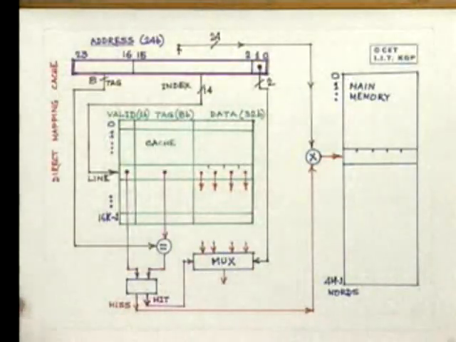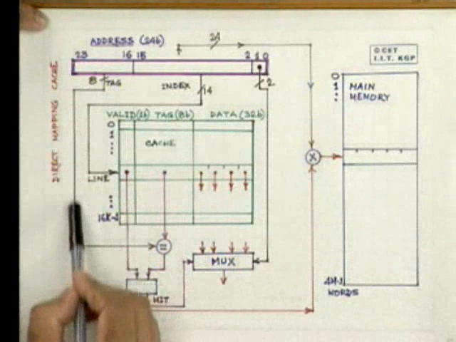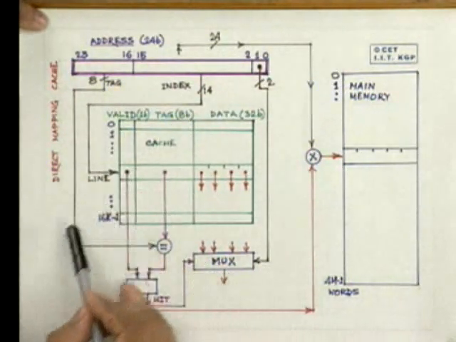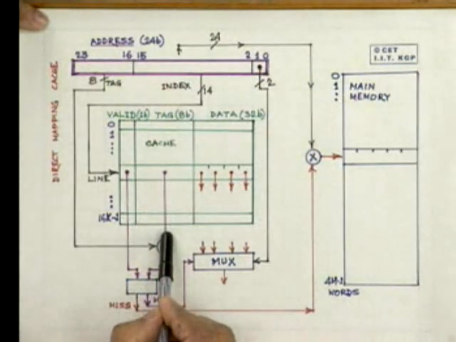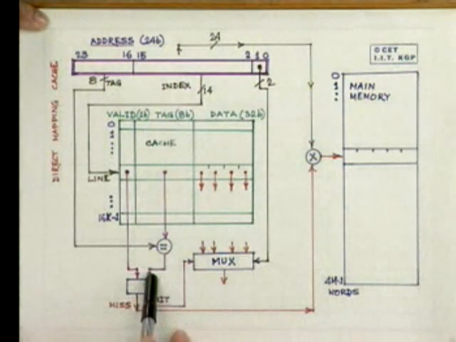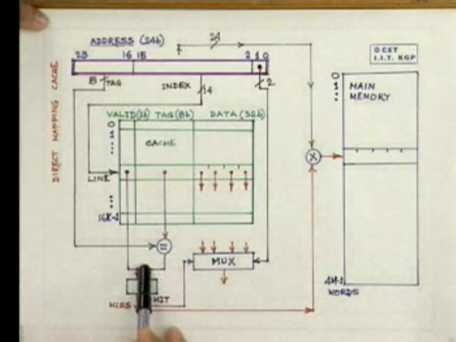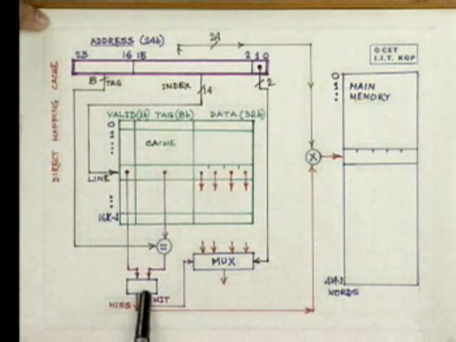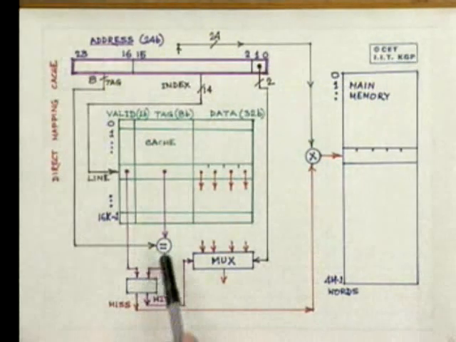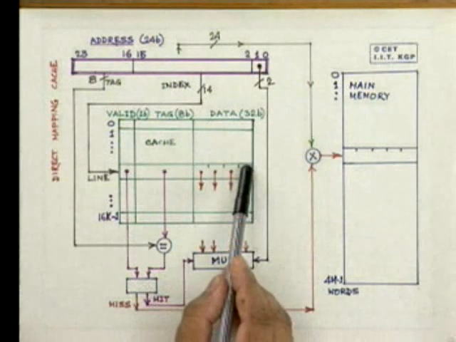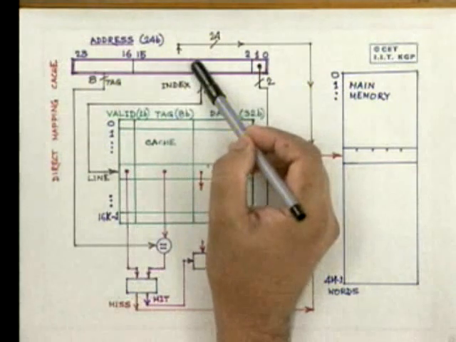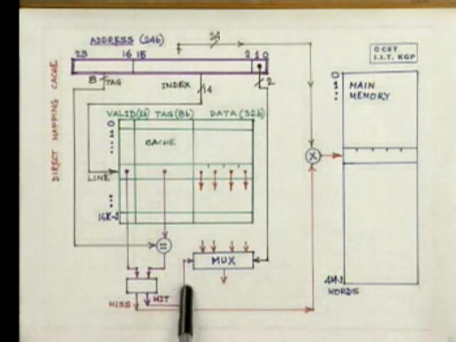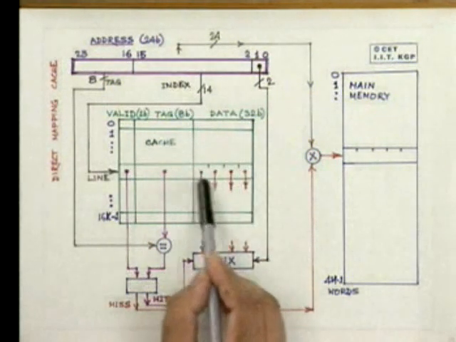To do that, the tag bit that is stored over here is taken from that cache and compared, and if this comparison turns out to be equal and the valid bit is 1, in that case it says that it is a hit. That means the required word that this address is trying to point to is in the cache. That is our hit.